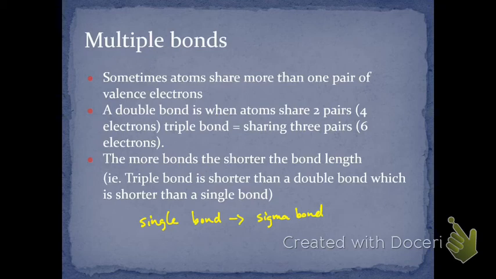So it kind of looks like this. So that's a sigma bond, and then any bond after, like the double bond, is what we call a pi bond.